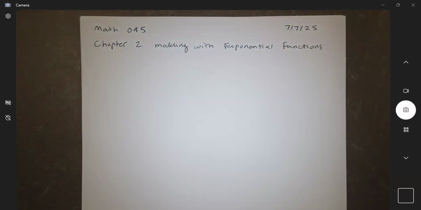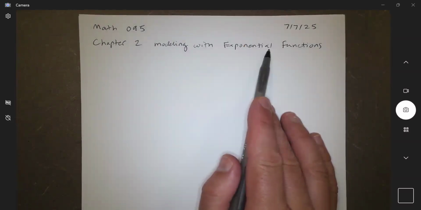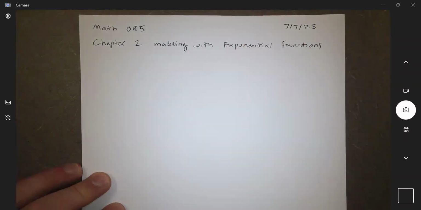I think for the 99% of us who aren't pure mathematicians, the most value we get out of mathematics is the ability to model real physical situations with mathematics so that we can then apply our mathematical tools to analyze those settings. So I like to focus on developing a mathematical model for a physical situation. And one of the most common you come across are exponential functions.